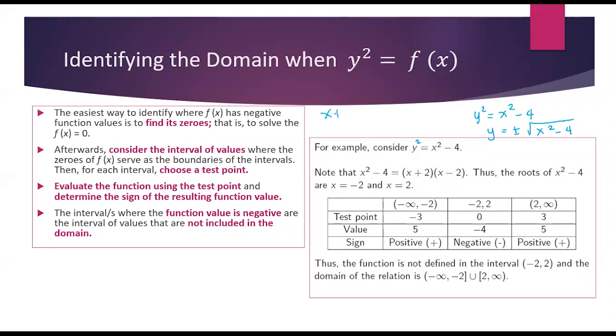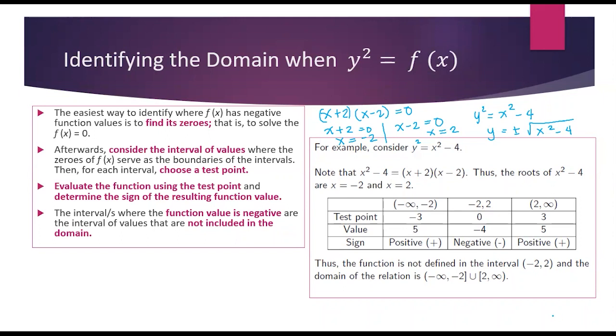This will give you two values of x: x plus 2 is equal to 0, and x minus 2 is equal to 0. So x is equal to negative 2, and x is equal to positive 2. This will serve as the boundaries of our interval.